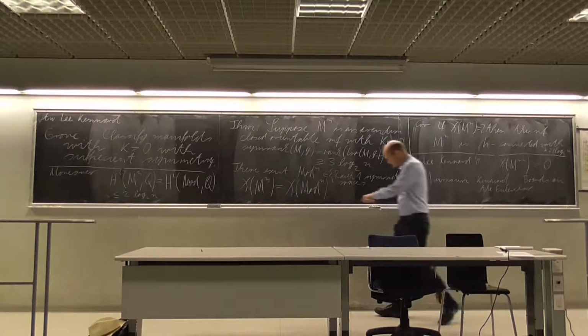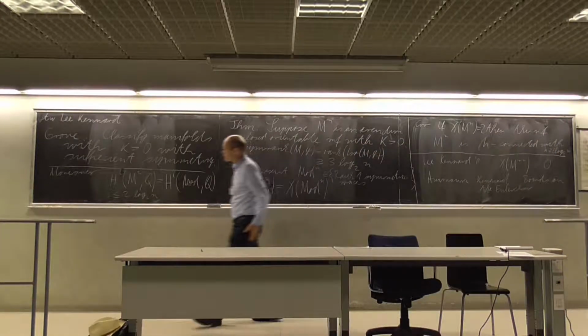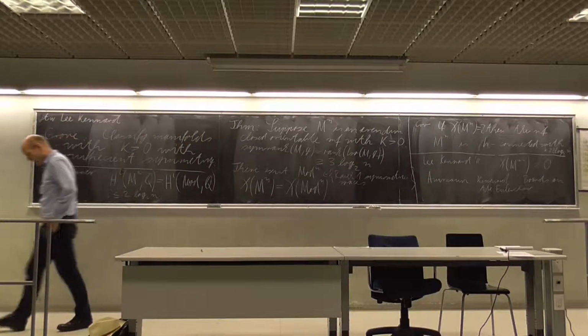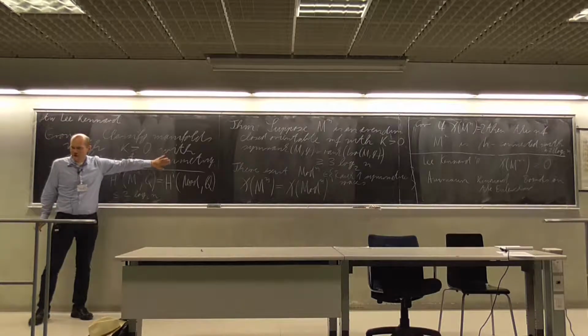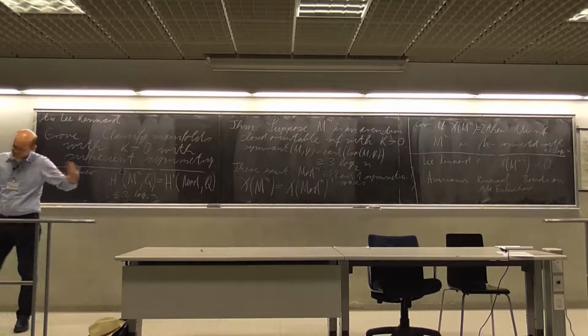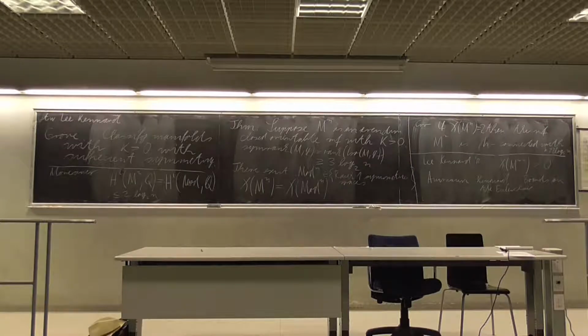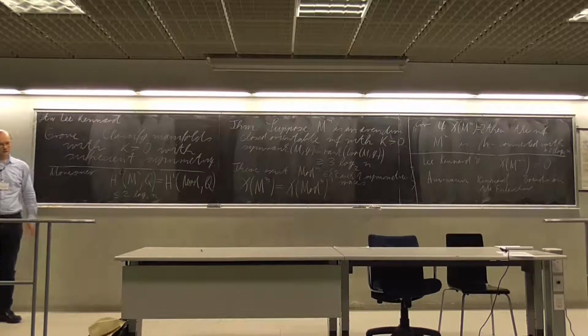And of course, the symmetry program of Karsten was sort of inspired by the fact that without symmetry, you basically don't know anything. Well, that's not true, but you know very little about simply connected manifolds with positive sectional curvature. You know embarrassingly little.